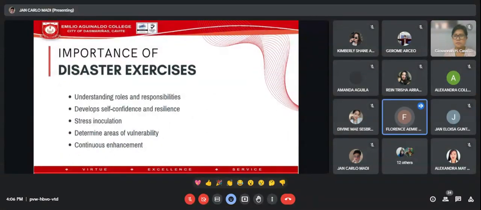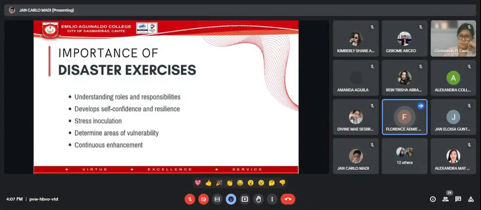So, for the next part po is yung importance ng disaster exercises. First po dito is yung understanding your roles and responsibility. Since yung disaster exercises serve as a way for individuals, agencies, and organizations to determine their own roles and responsibility, kahit mapa discussion-based pa o operation-based exercise is done.